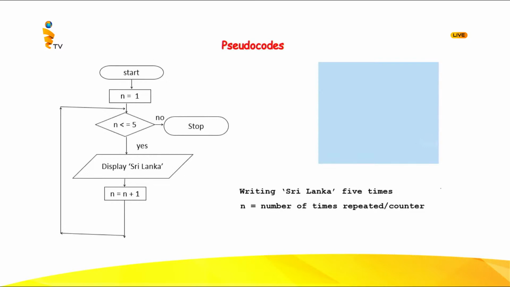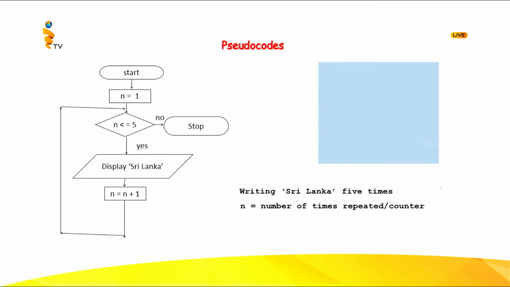If n is less than or equal to 5, I am going to display Sri Lanka. Then in the first instance I have displayed Sri Lanka only once. Usually we call this n a counter. It is counting whether it is 1, 2, 3, 4. It is counting because in this type of question we know we have to write only 5 times.